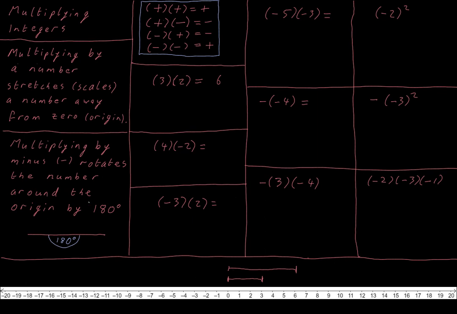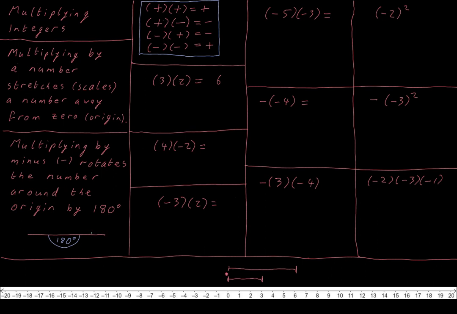Now, the core thing for multiplying integers, where we have minuses going on in our multiply, is as follows. Multiplying by a minus, I have a minus in brackets, I know brackets means multiply, rotates the number around the origin, around 0, by 180 degrees. And I know that a straight line has 180 degrees.